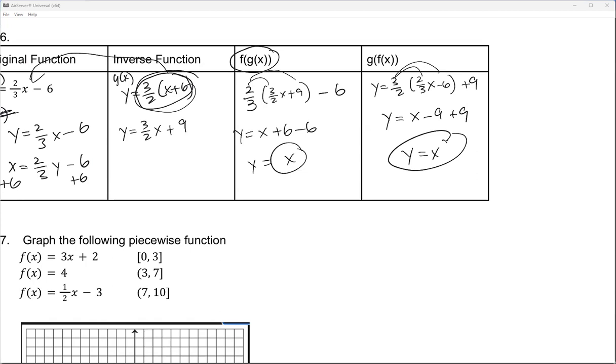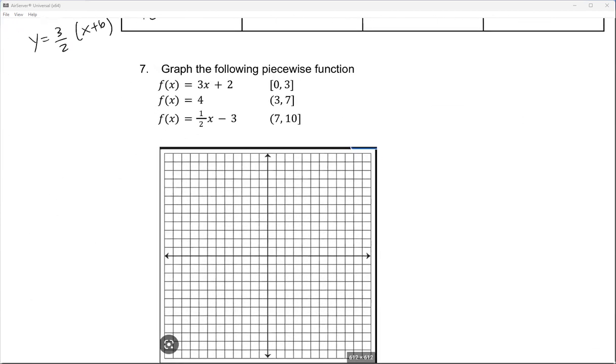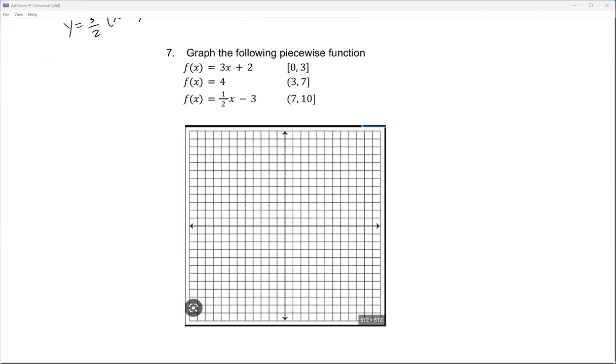I don't know if we're going to have enough time to get to all this. We'll do number 7, and then number 8, I'm thinking I have to record it separately, but pretty much this one should be pretty easy. I'm going to do this fast. You just plug in both numbers. For the first one, y is equal to 3 times 0 plus 2, so y is equal to 2.